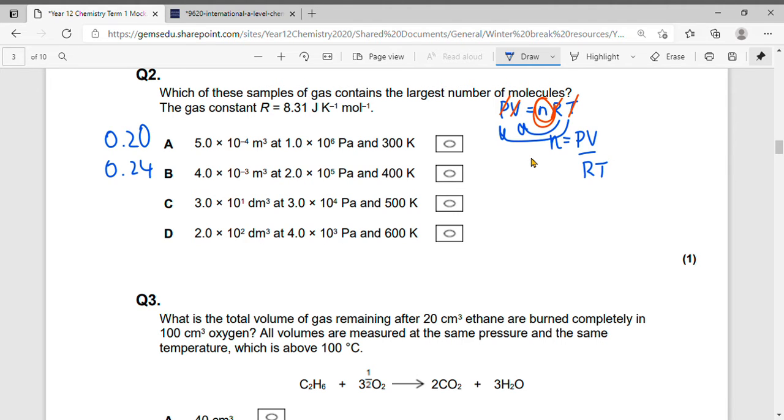Part C, PV, P times 10 power 4 times volume. Oh, hold on, we need to change this to meters cubed. So we need to divide by 1,000. So that's actually 3 times 10 power -3 times the pressure.